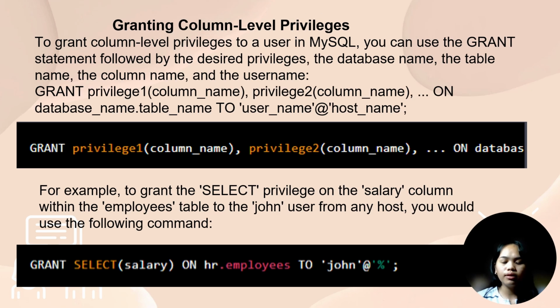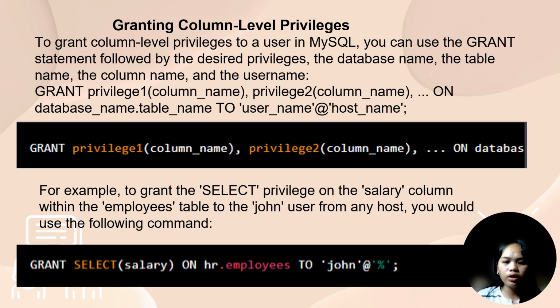So for the last one, granting column level privileges. This time we're going to grant column level. Last time we talked about a table, so here we're going to grant column level privileges.